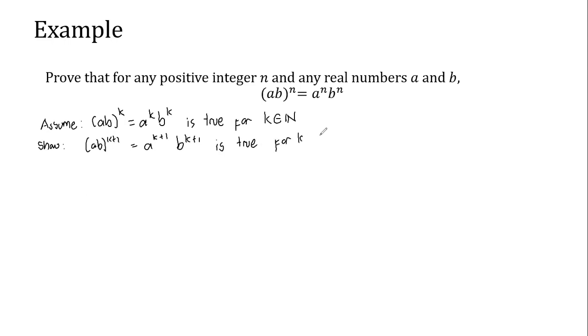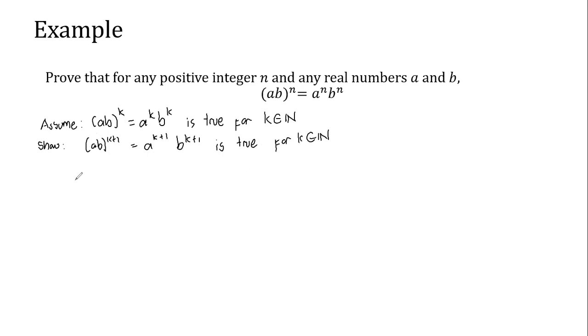Okay, again for k element of set of natural numbers. Okay, so now, ang gawin natin, dito tayo gumalaw sa (ab) raised to k plus 1. Papakita natin yung right side.